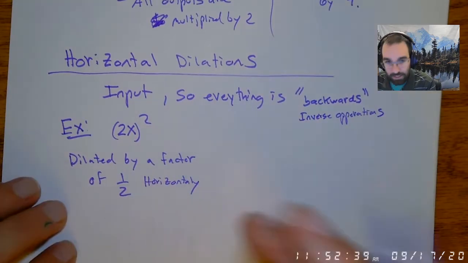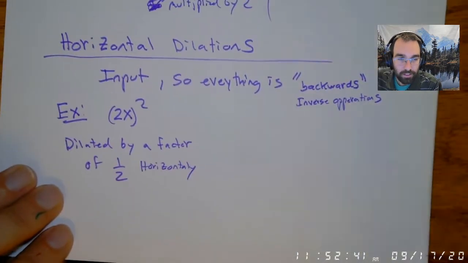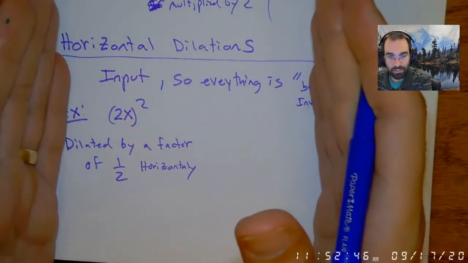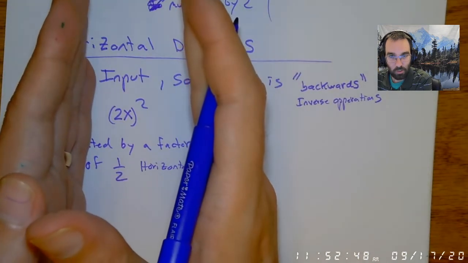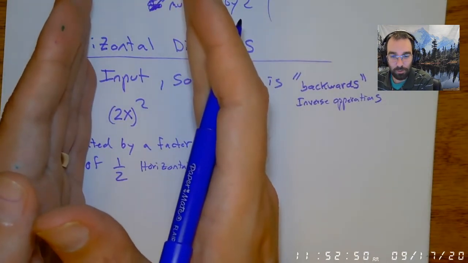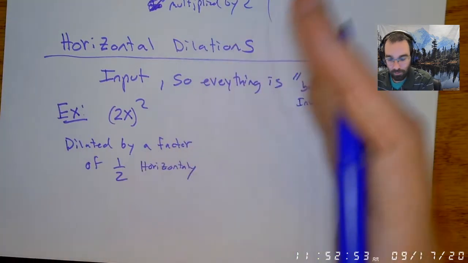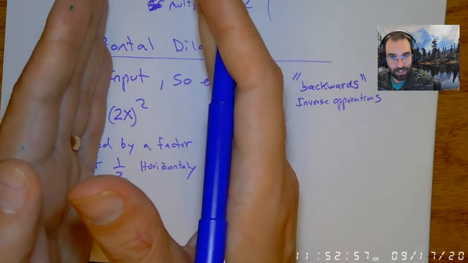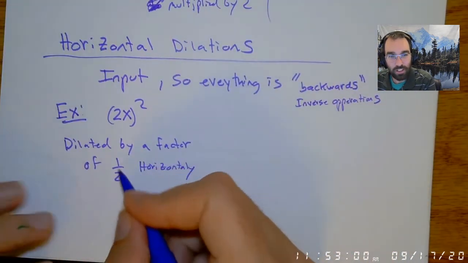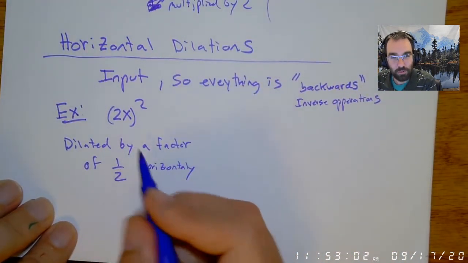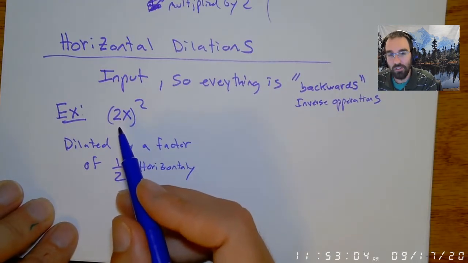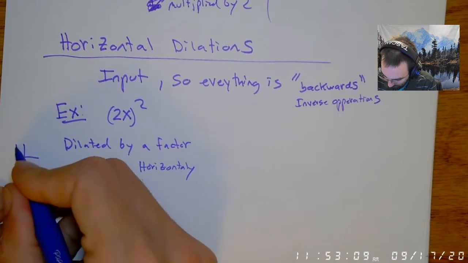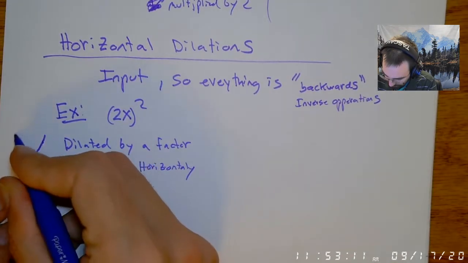Okay, and what this means, and some people get confused by this, is if it's dilated by 1/2, that means if it was out like this, you're pushing it together like an accordion. That's confusing to people because when I say it's dilated 1/2 horizontally and I'm smushing it together, doesn't that mean things happen faster? You get to those highs faster.